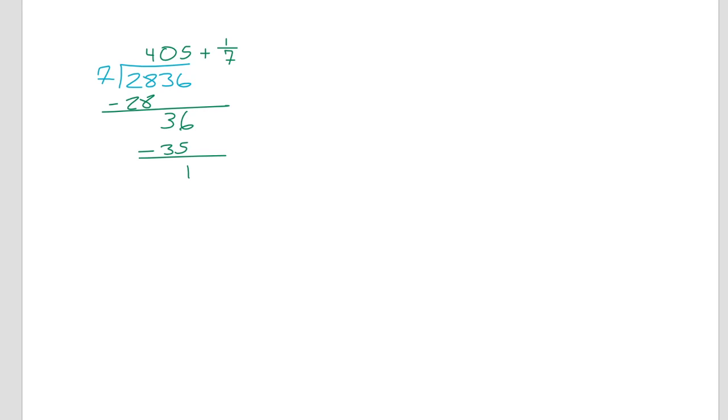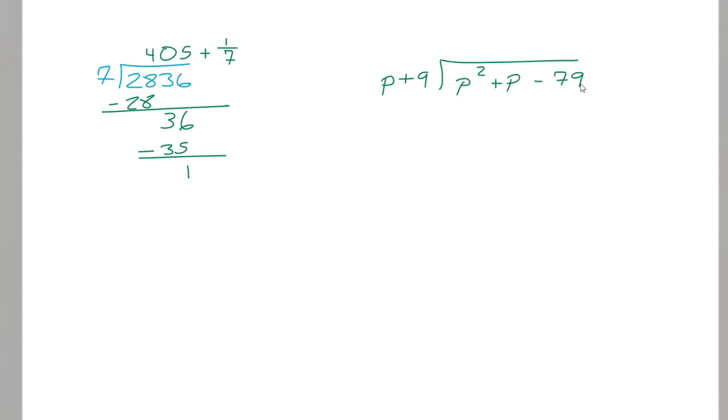We're going to take p plus 9 and divide that into p squared plus p minus 79. I've already given the surprise away, but there is going to be a remainder.